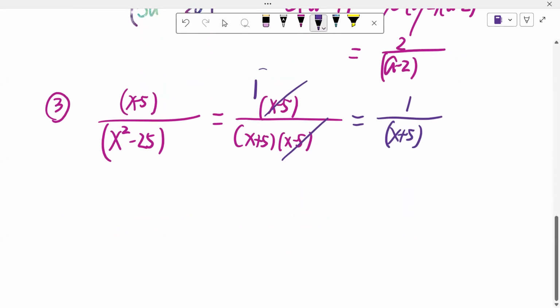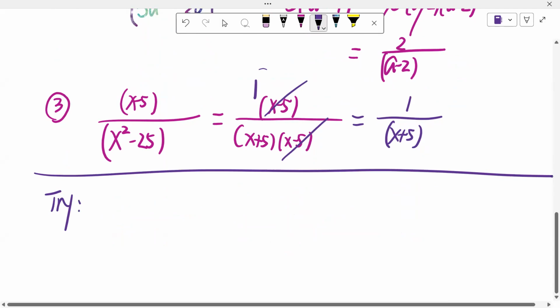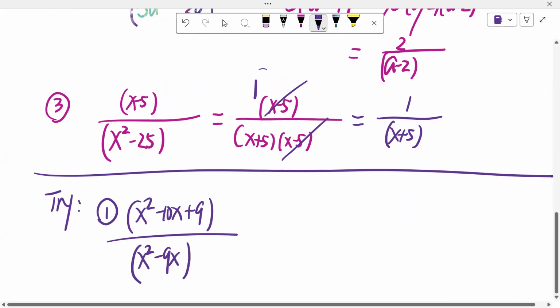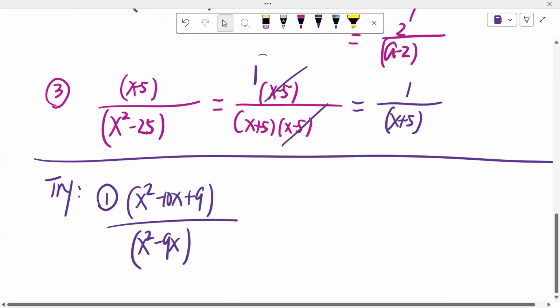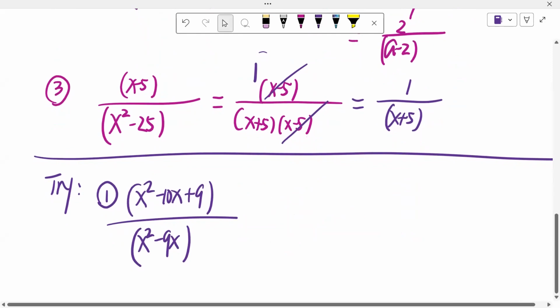Let's try a couple. First one, let's do x squared minus 10x plus 9 on the top. On the bottom is x squared minus 9x. And second one, it's going to be x minus 2 over x squared minus 4.